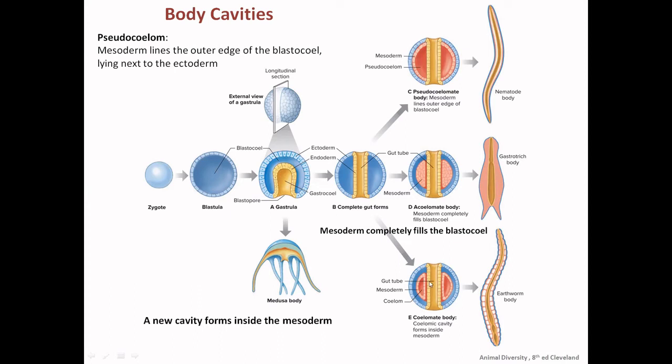And when the cavity forms within the mesoderm and the mesoderm layer lines both the ectoderm and the endoderm, this is the true coelom. These are the examples: the pseudocoelomate is the nematode body, the acoelomate is the gastrotrich body, and the true coelom is annelid onwards. All the evolved species have the true coelom.